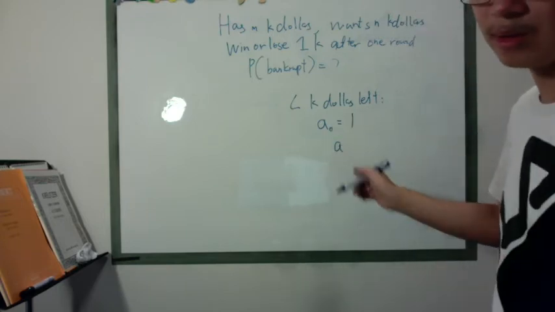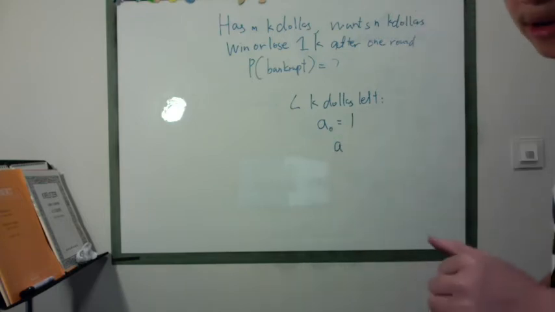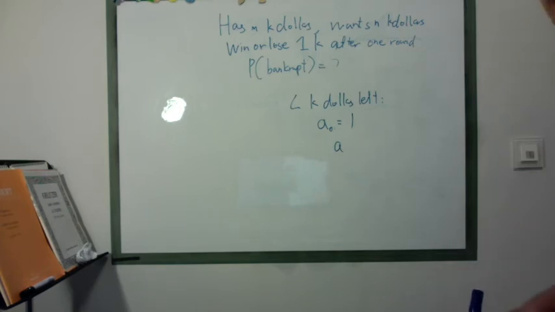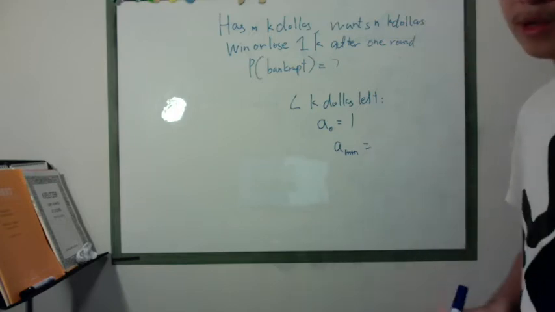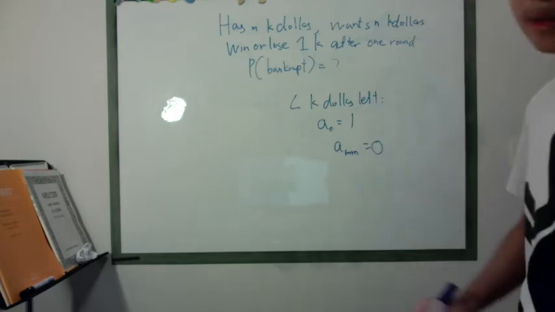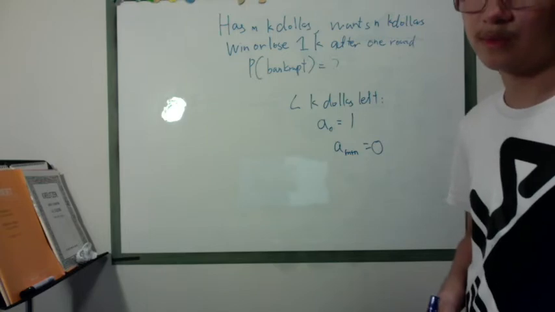And if he has already won the $1,000, so M plus N, then the probability will be 0 because he will leave the casino as he has already achieved his objective.